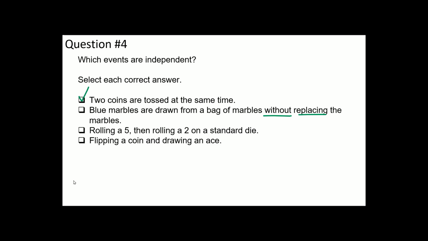Rolling a 5, then rolling a 2 on a standard die is independent. We're not taking anything away. The last one, flipping a coin and then drawing an ace, again, we're not taking anything away, and flipping the coin does not have any effect on drawing the ace.